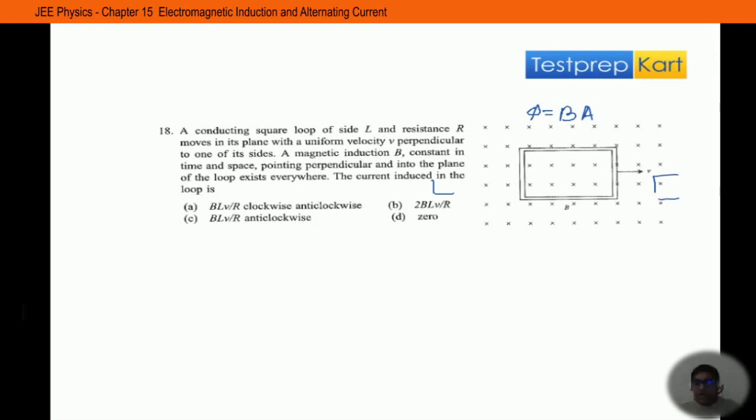Then definitely there will be a change in area which exists inside the magnetic field, and we'll get induced EMF. But in the present case, the entire loop exists inside a constant magnetic field, so there will be a constant flux. And if there is no change in flux, then there will be no induction. So net induced EMF is equal to 0 in this case.